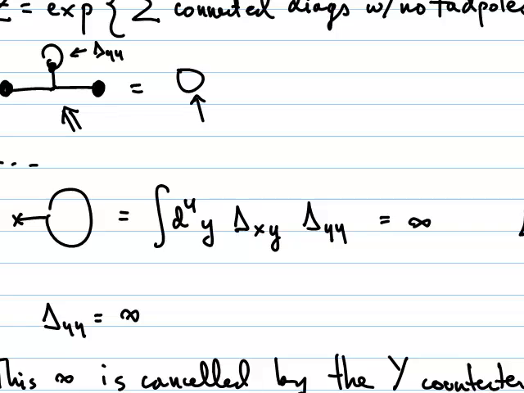If you phrase things in terms of physical quantities, everything's nice and finite. This is an idea that's going to take us a little time to wrap our heads around. We don't have to dive into it too much right now. But this is just our first introduction to the notion of a counterterm in quantum field theory and how it plays an important role in allowing us to extract finite sensible answers at the end of the day.